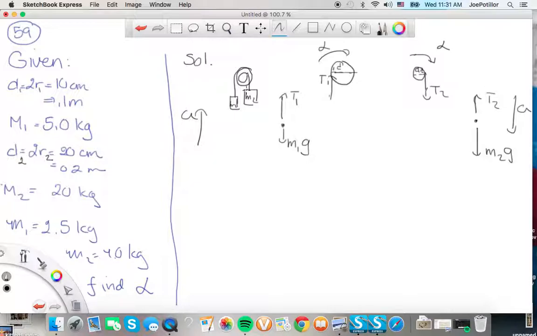And so we need to find the angular acceleration of this system. So we're going to set this up two ways. First, we'll deal with the sum of forces, then we'll deal with torque.